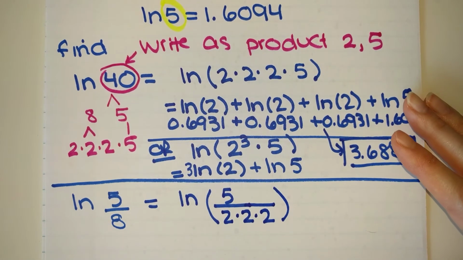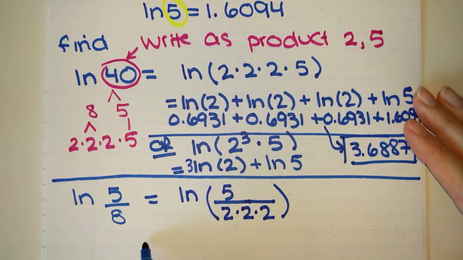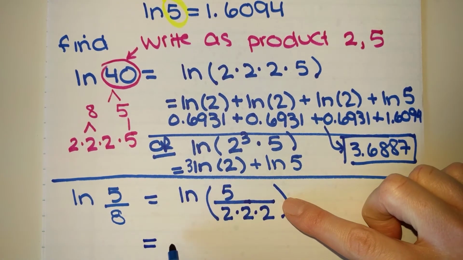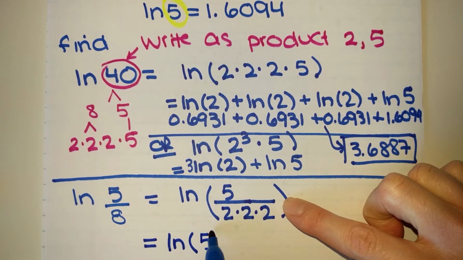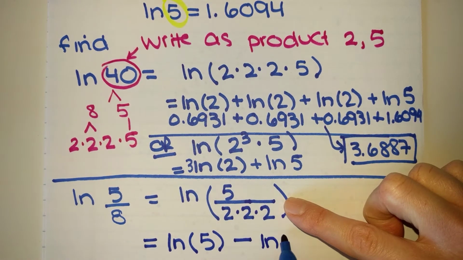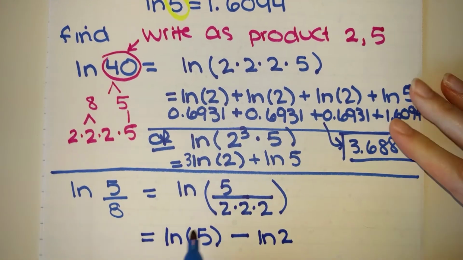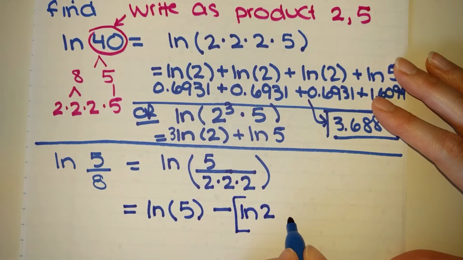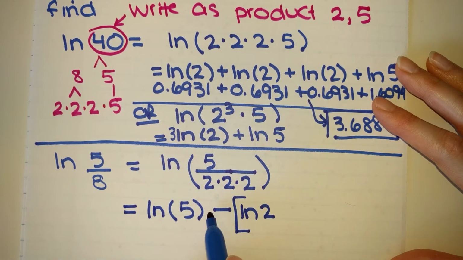Now, you need to be careful here, because with our log property, this division is going to become subtraction, but it's not going to just be subtraction of the natural log of 2. All of the denominator needs to be subtracted. So it's going to be minus, and then all of the denominator broken up.